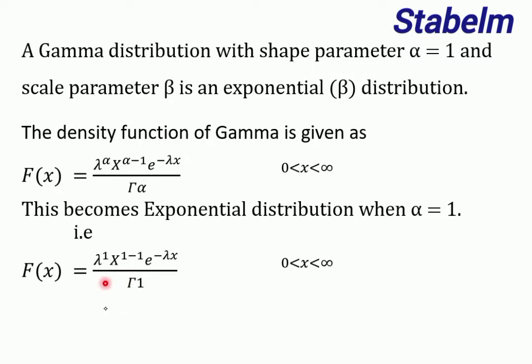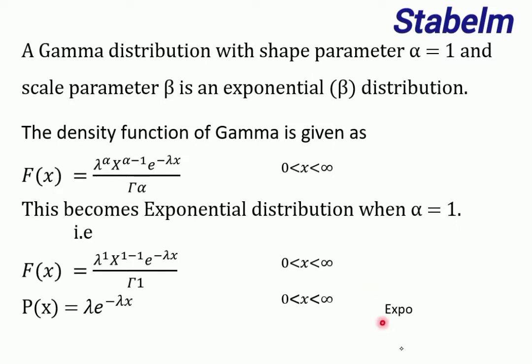And as you know, any value divided by 1 will still give us that value. So therefore, this distribution will now become f of x equals lambda exponential raised to power minus lambda x, where x is greater than 0 and less than infinity.